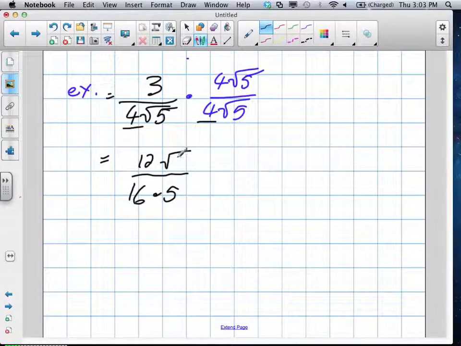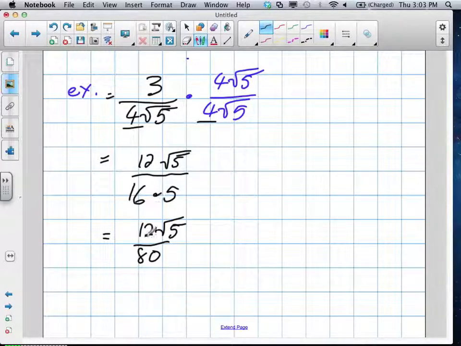We don't quite know what root 5 is yet. Did I do that properly? Oh, I multiplied by 4 root 5. That's fine, it works out in the end. This gives us 80 on the bottom. Yeah. 80, 12 root 5.